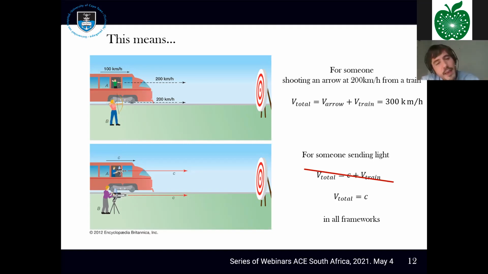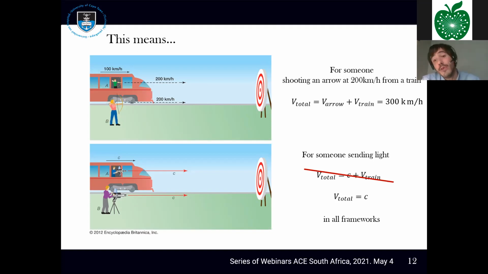Good, let's think about the same situation, but in this case, instead of shooting an arrow, we have a lantern, and we have someone inside the train just sending a light beam, okay? So in this case, maybe you will think that the total velocity of the light measured by the observer B is going to be just the velocity of the train plus the speed of light.